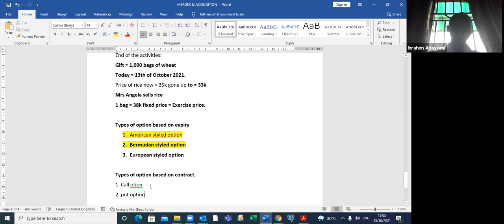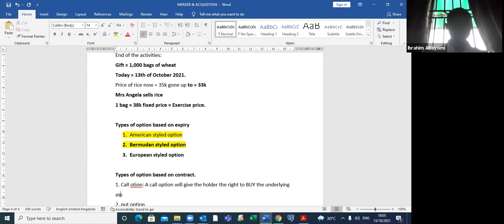When we say call option, a call option will give the holder the right to buy, let me capitalize that, to buy the underlying assets.